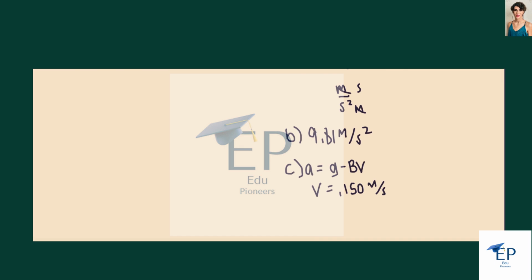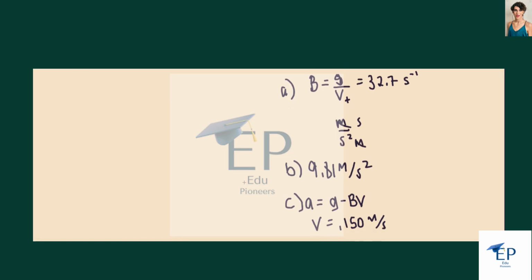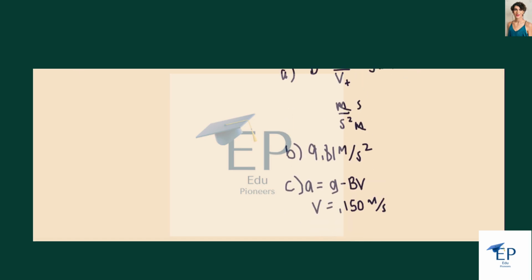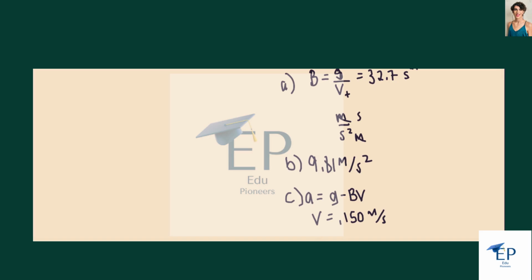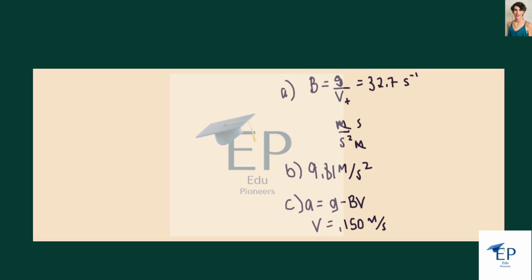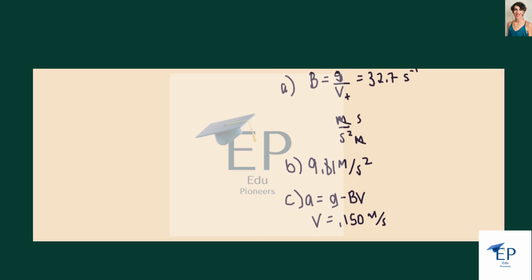So we can just do 9.81 minus 32.7 multiplied by the velocity, and the velocity is 0.15. I get 4.9 meters per second squared. Yeah, and then how many sig figs? That would be 9.1.